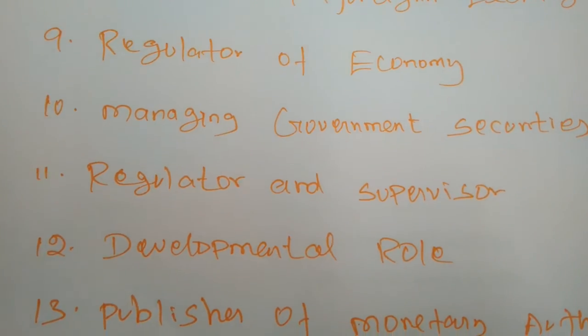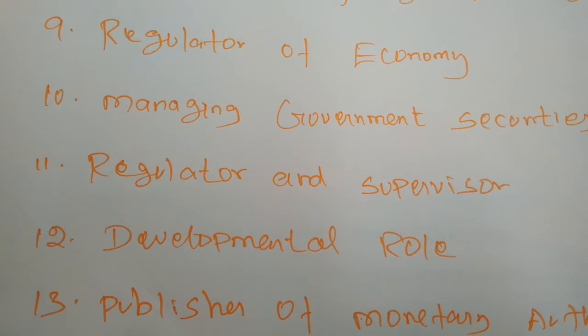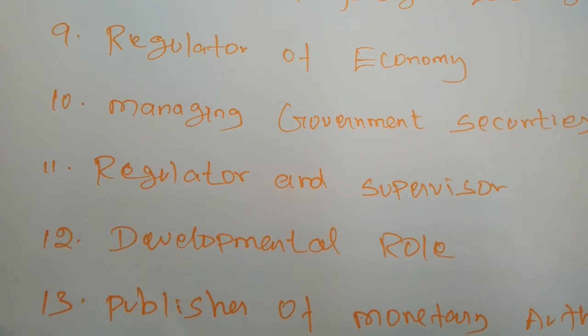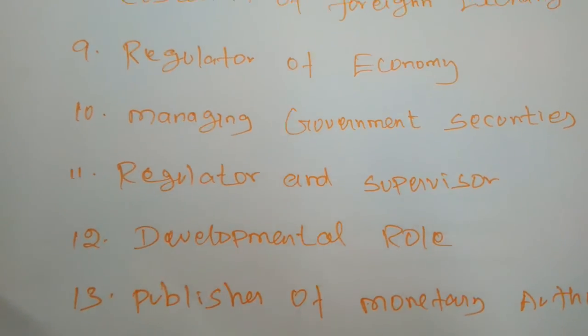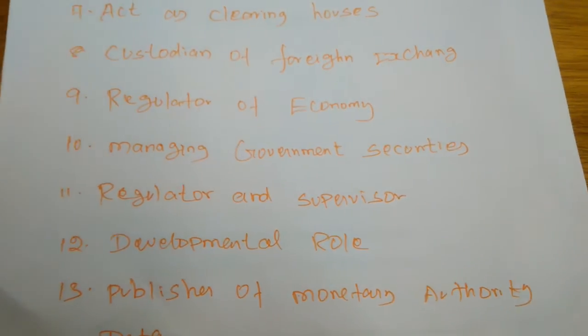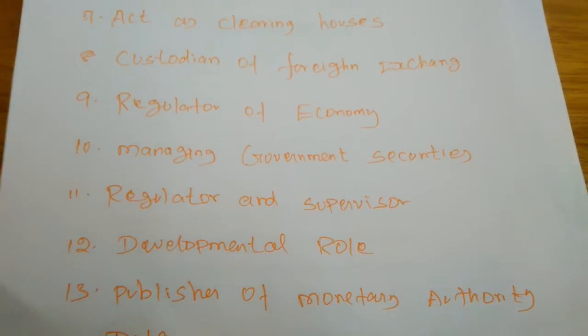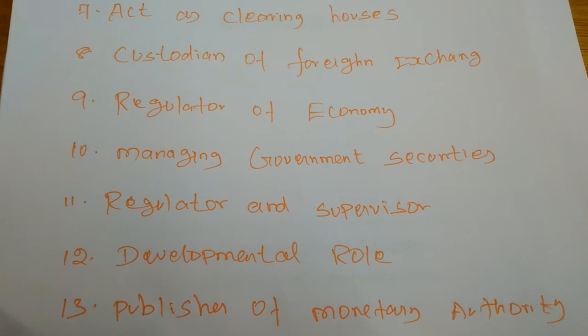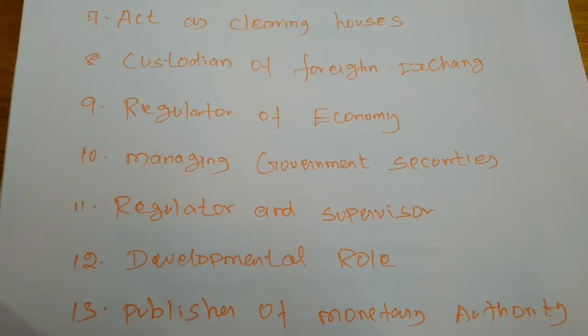RBI focuses on the development and functioning of safe, secure and efficient payment and settlement mechanisms. So whatever settlement problems arise among the banks, or between the banks and the people, the Reserve Bank of India regulates that work.